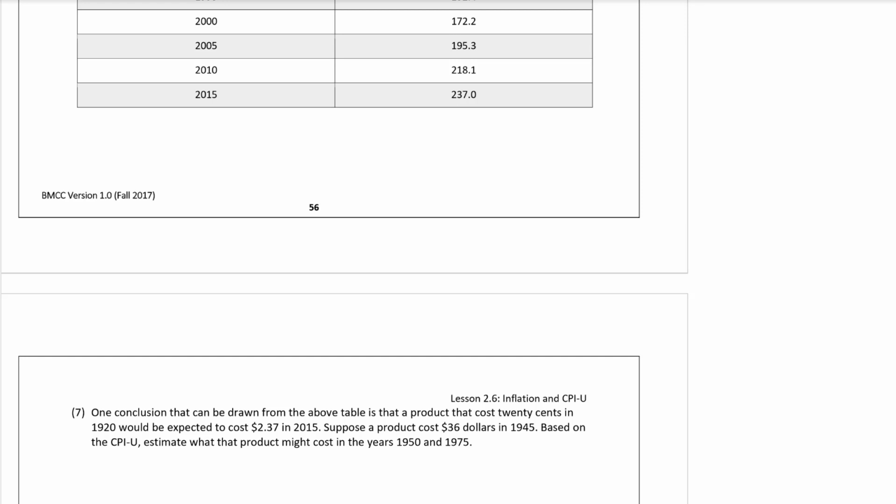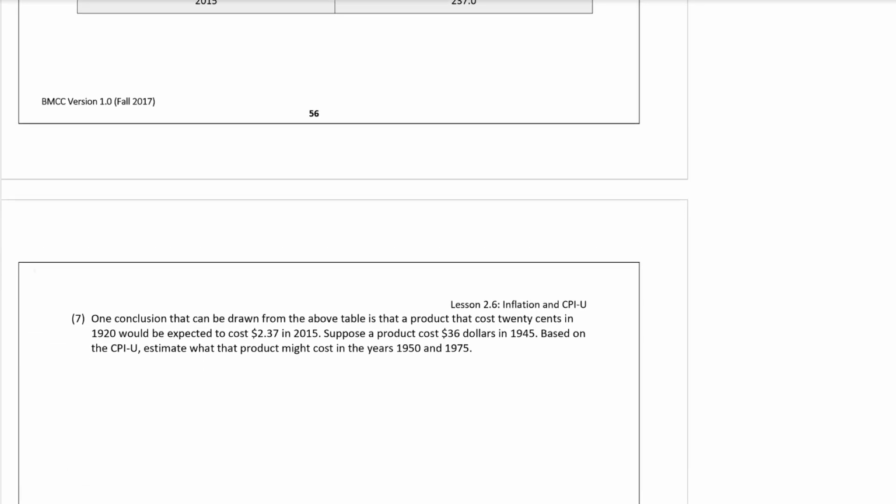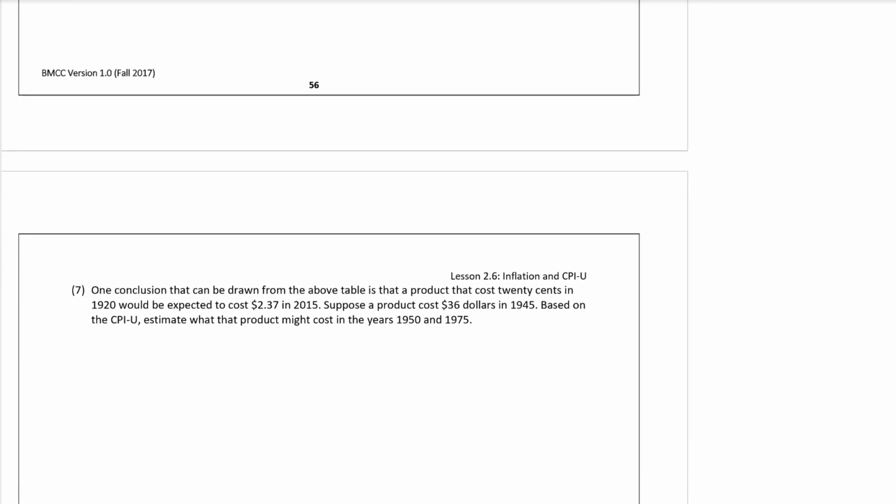It says, one conclusion that can be drawn from the table is that the product that cost 20 cents in 1920 would be expected to cost $2.37 in 2015. Okay, so let's break this down. We have 2 years that were chosen to compare. One year is 1920, and the other year is 2015, and we have the CPIU index.